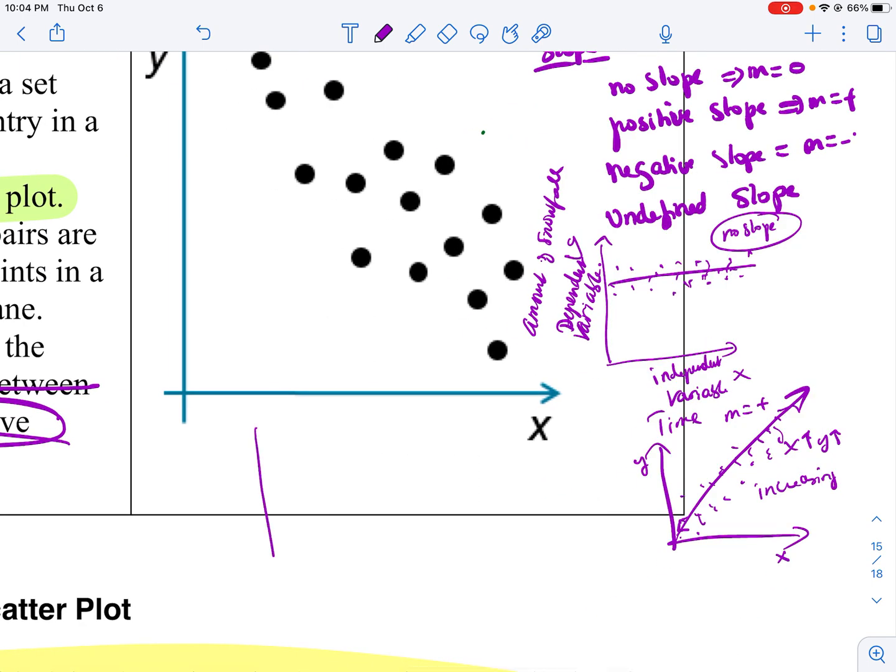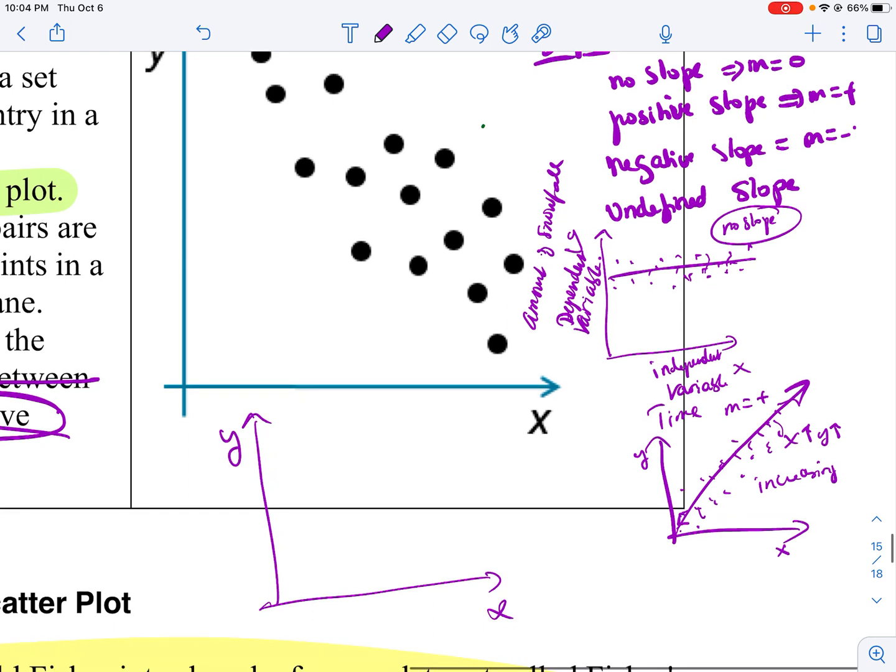Now, let's talk about when the slope is negative. Imagine that we still have the amount of snowfall, but we are no longer in a winter storm. So what's going to happen as time increases? You're going to have a decreasing relationship just like this. As time goes up, your y goes down.